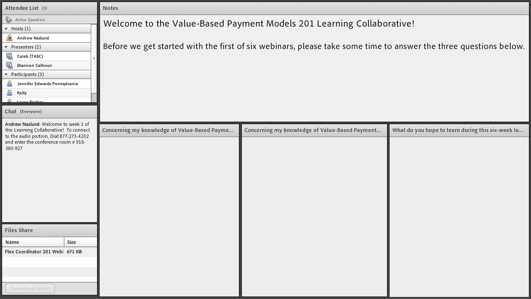At the conclusion of the learning collaborative, we will ask everyone to complete and submit action plans. We want to help you identify an activity, an action item, that you plan to facilitate in your state based on the learning collaborative.